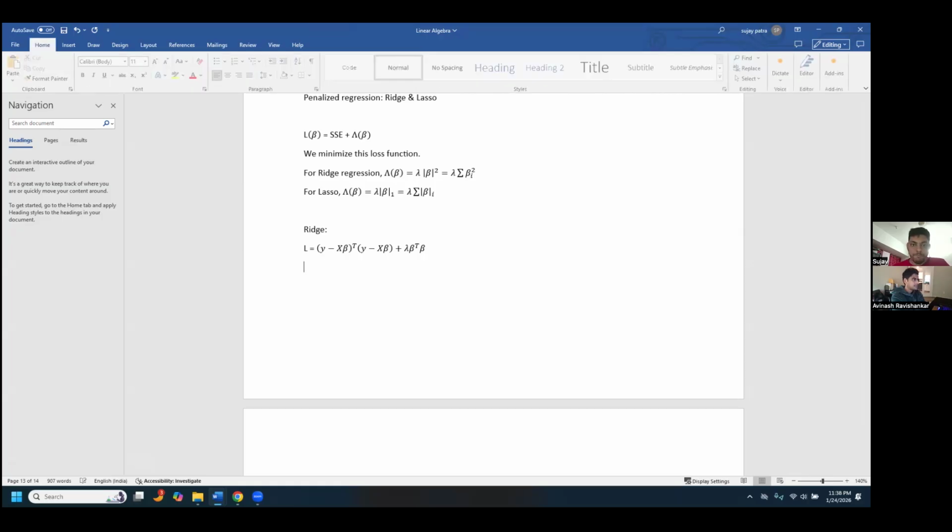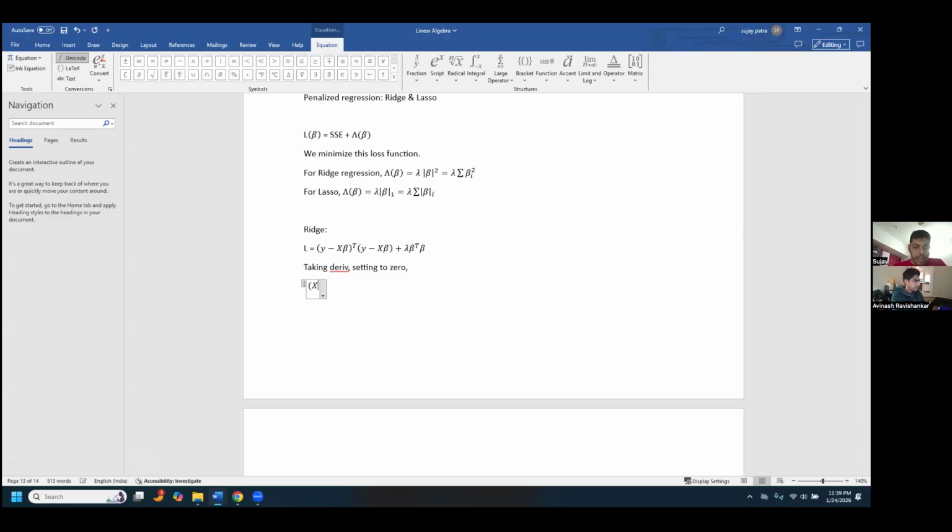Now the algebra will look very similar, so I'll just write down the line before the answer. Taking the derivative of the loss function with respect to beta and setting it to zero, we get this. Without the lambda term, we had x transpose x beta equals x transpose y.